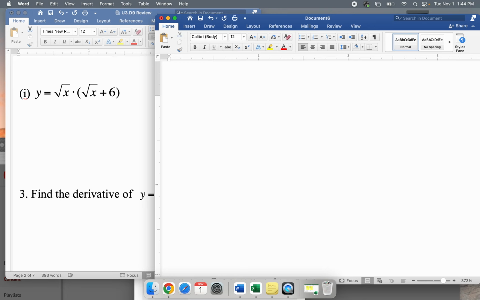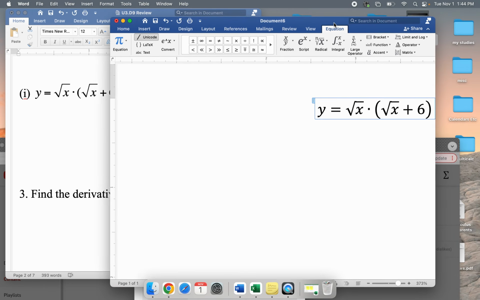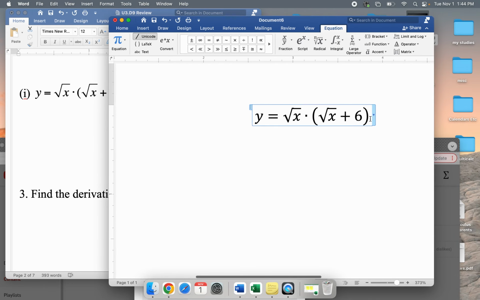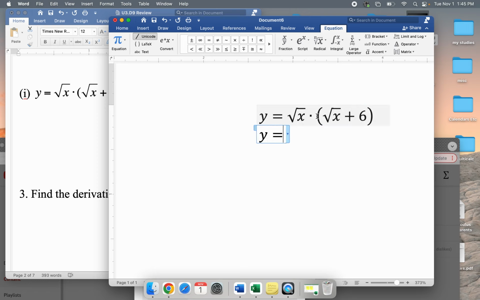So our function is y equals square root of x times square root of x plus 6. They put a dot in between these two things. There's no need to do that. The multiplication is implied, but anyway, you could use the product rule on this. You could, but I think it's probably easier to just rewrite this.